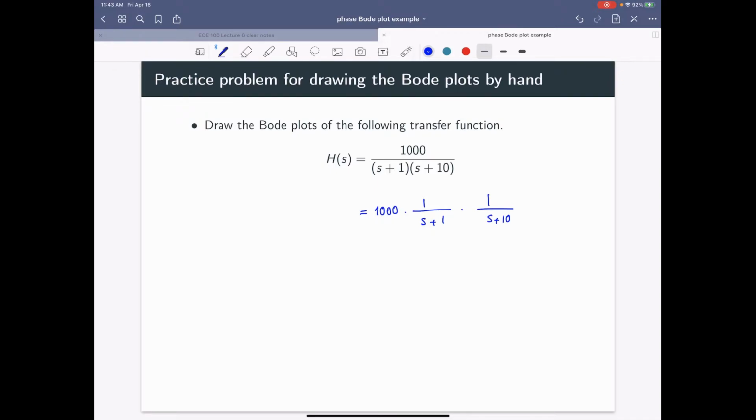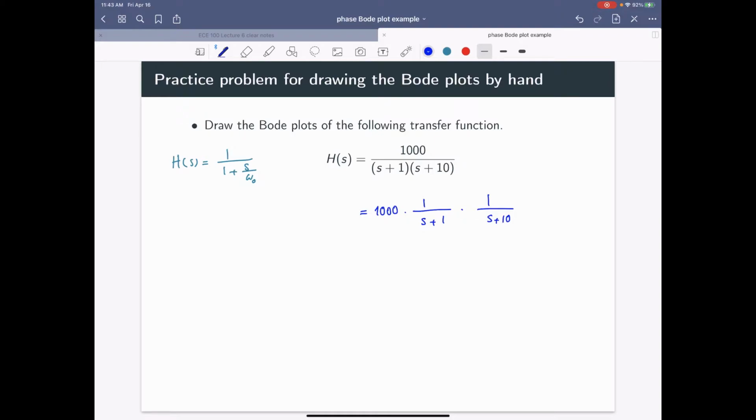These functions match the transfer functions with one single real pole. This transfer function in the category of single real pole looks like 1 over 1 plus s over omega naught.